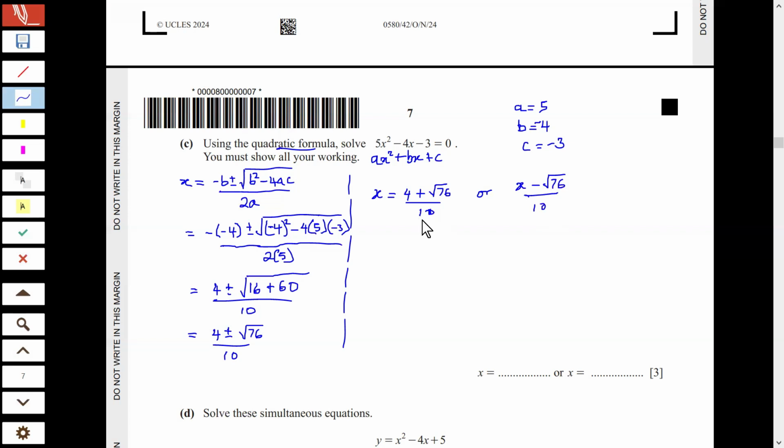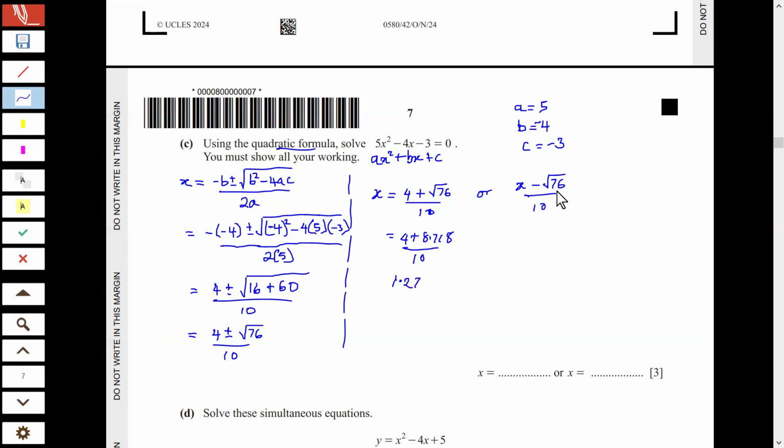And of course, root 76, using your calculator to find the square root, you will get 8.718. So here we're going to have 4 plus 8.718 over 10. Using your calculator, add 4 to 8.718 and then divide by 10. You're going to get 1.27 here.